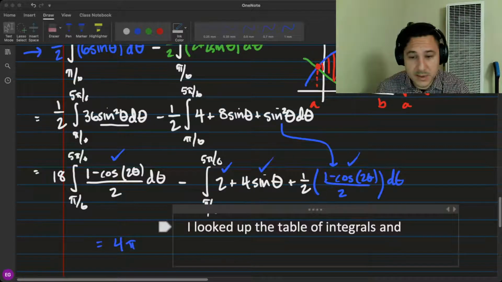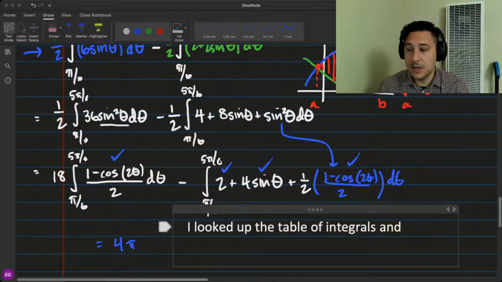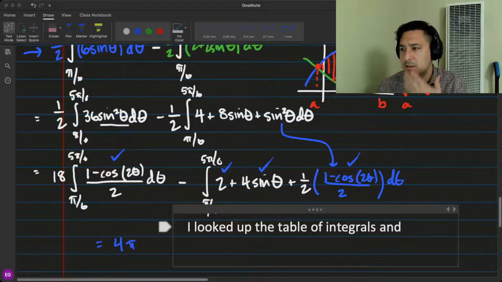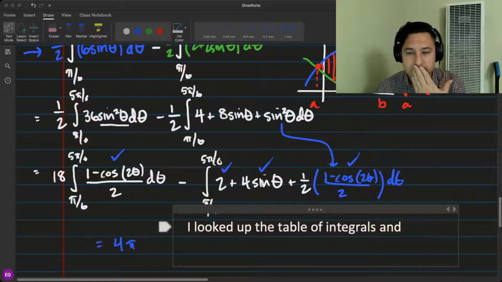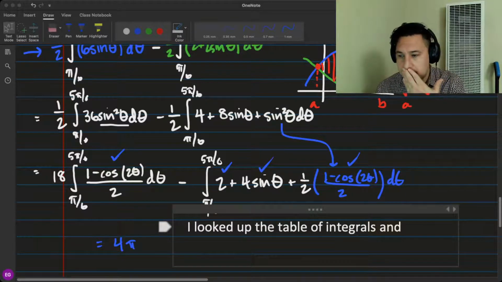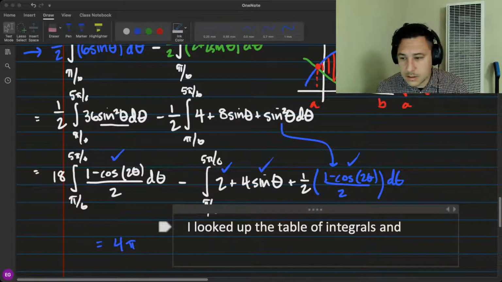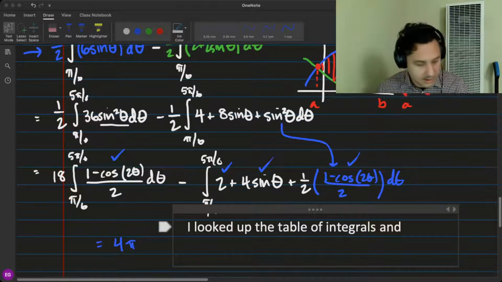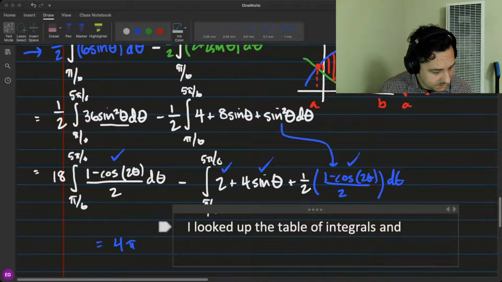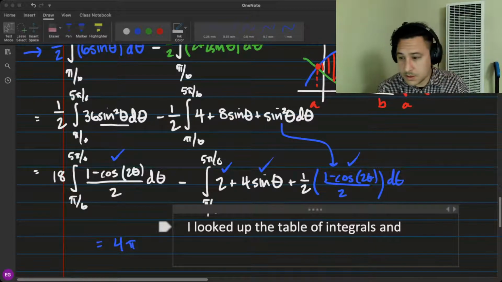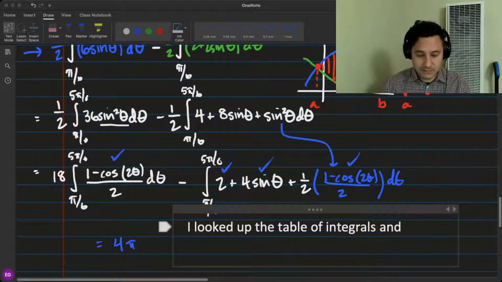Does anyone happen to remember what the name of this formula was? The 1 minus cosine 2 theta over 2. There's a formula for that trig substitution. Does anyone remember what it's called? That was the end of 101B material. I can't remember the name. It's not coming to me off the top of my head. Let's look it up. Power reduction formula. This is what's cool about the internet.